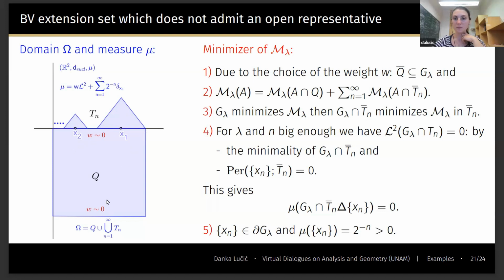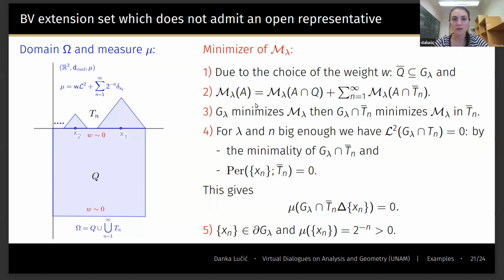Now, due to the choice of this weight and this behavior that it is 0 near this line, what we can show is that we now have a minimizer among all Borel sets, we always do, and what we can see is that this common part is convenient to be in the minimizer. This one can show.